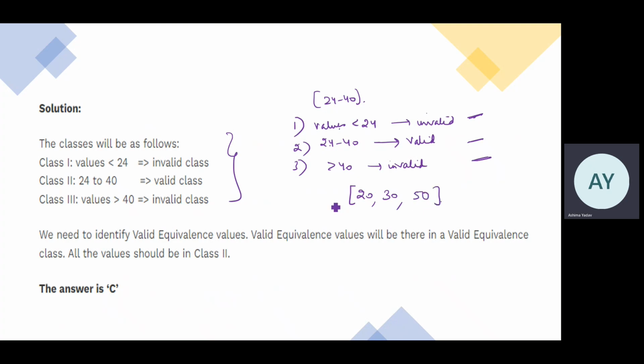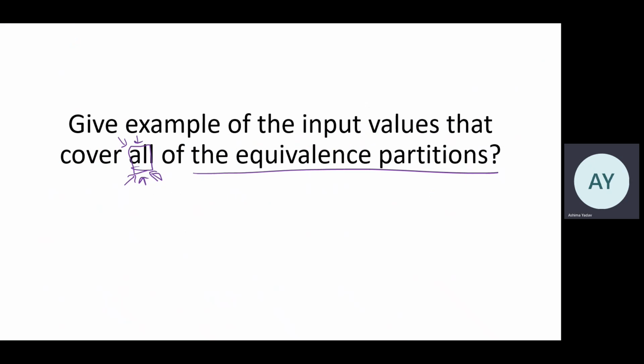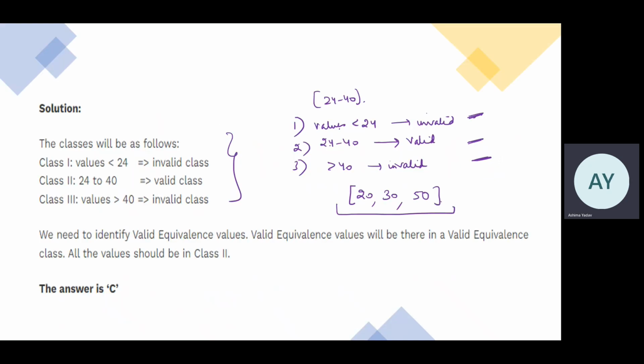So these three cases, 20, 30 and 50, are covering all three equivalence classes. Therefore this particular option is an example of input values that cover all of the equivalence partitions.